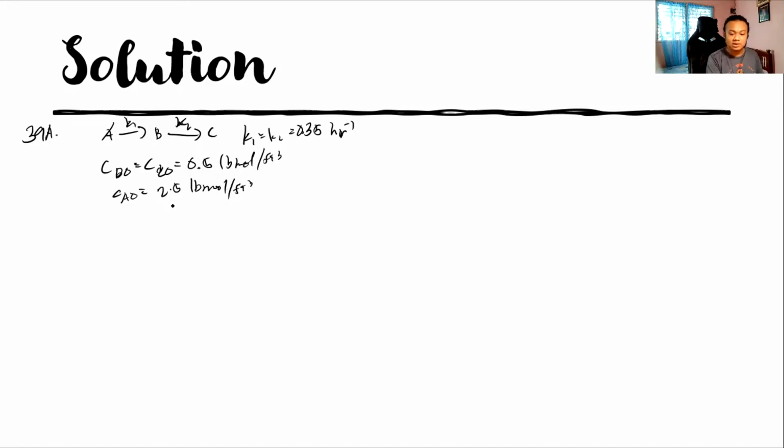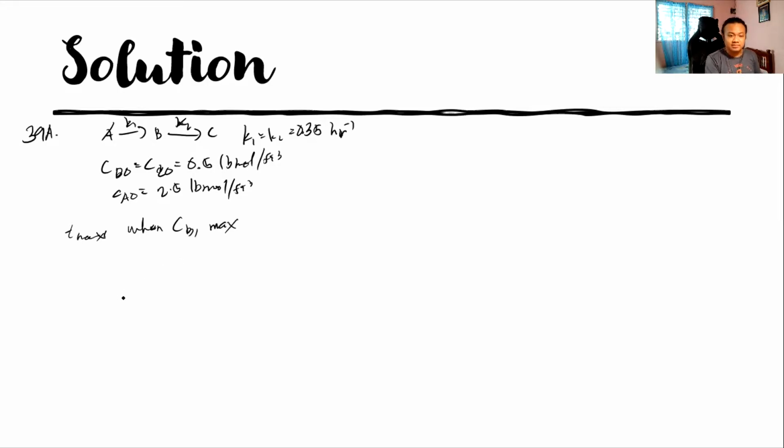Okay, that's the concentration. We're asked to find t max, the time at which CB is at maximum.